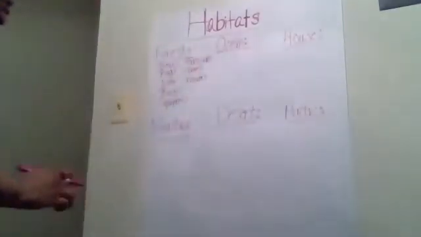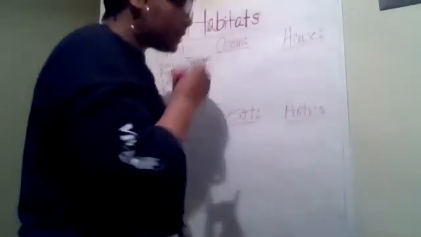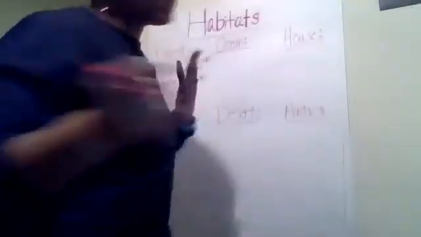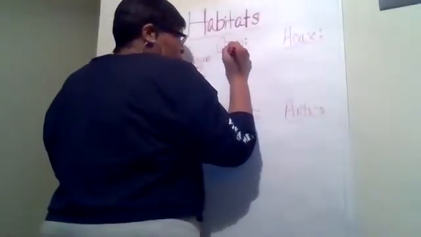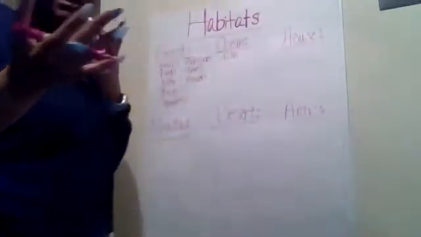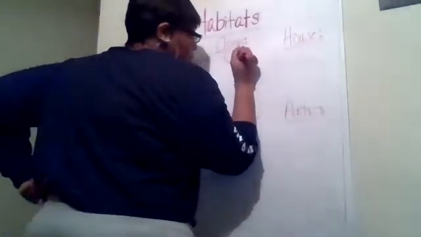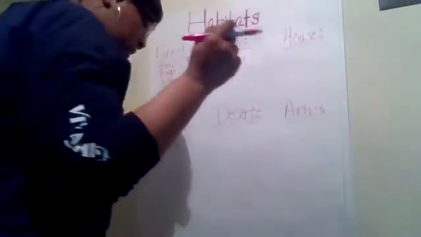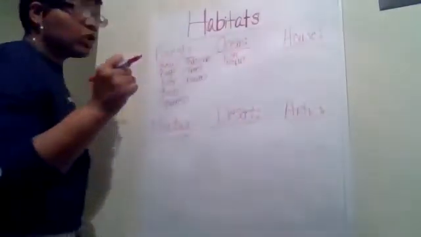Let's take a look at the ocean. Can we think about some different animals and plants we would find in the ocean? Obviously, we are going to find some fish. We may also find an octopus, maybe. We could possibly find some sharks.